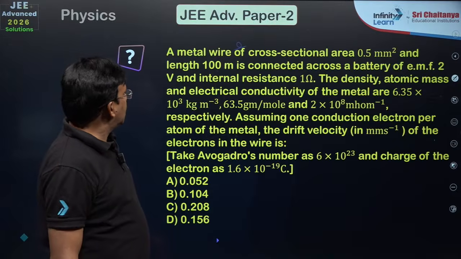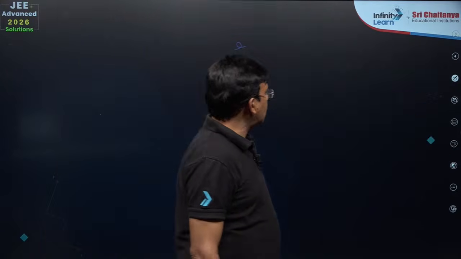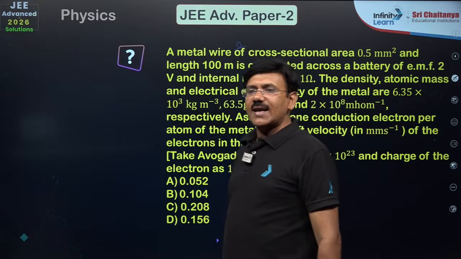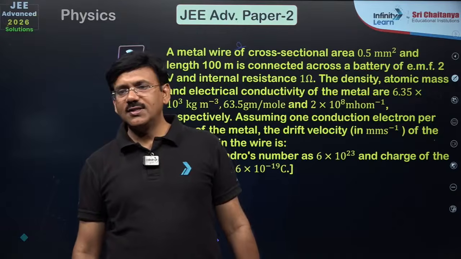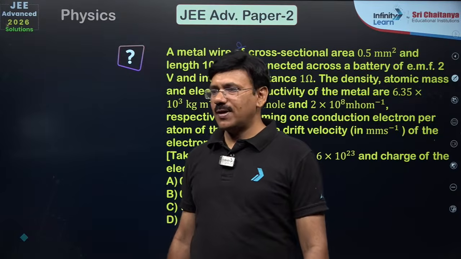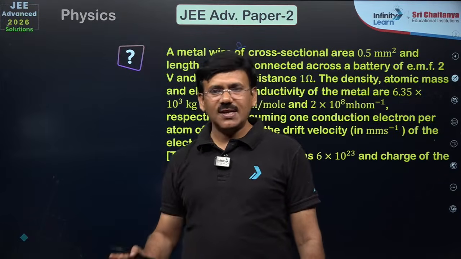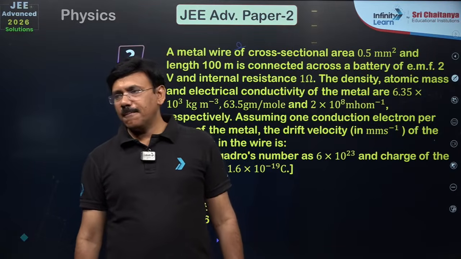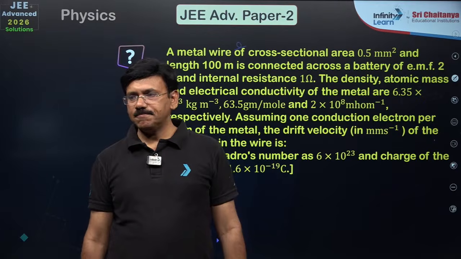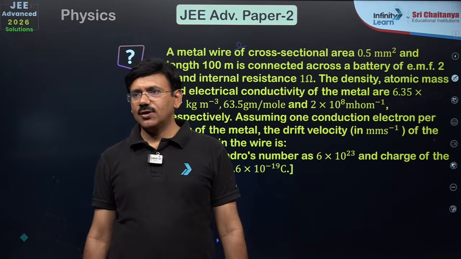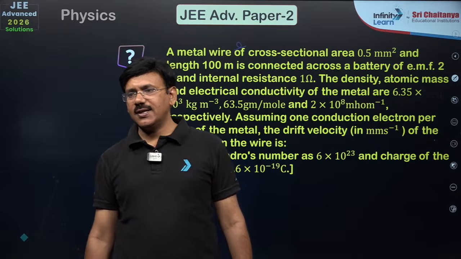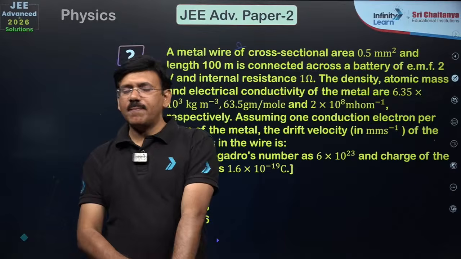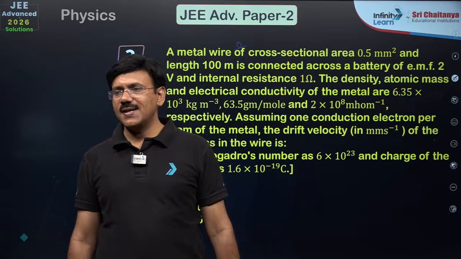Okay. So friends, this is all about the mathematics paper, right? So in a way, I can say, dear students, overall JEE Advanced 2026 paper 2 is comfortably easy. Now physics is going to start, mathematics is done, so stay tuned to Infinity Learn for paper 1 and paper 2 together of 2026 JEE Advanced.